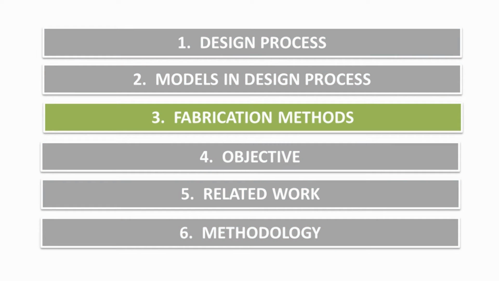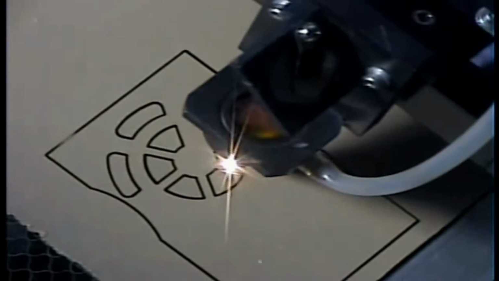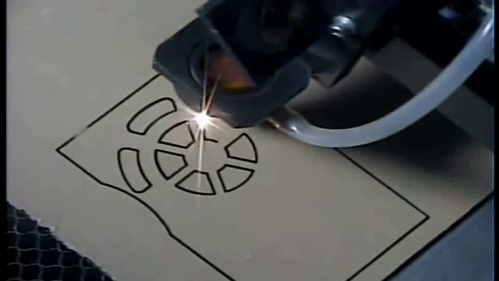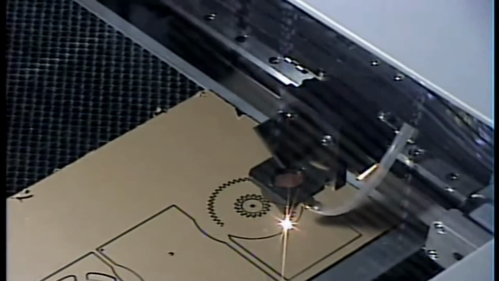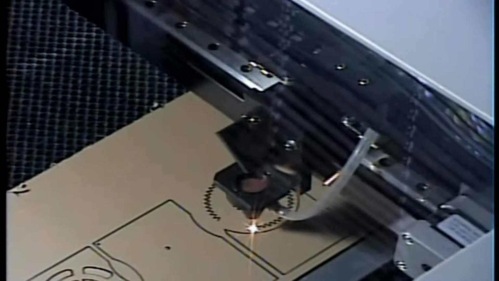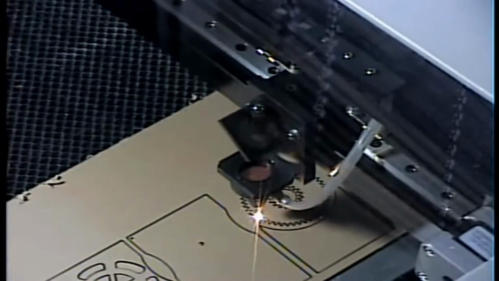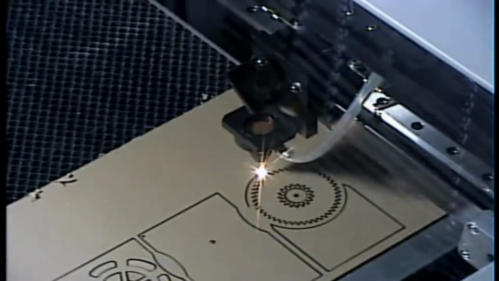So, let's talk about the fabrication method. There are various types of fabrication machines for designers to choose from when they are making models. All fabrication is divided into 2 categories: digital fabrication and handmade fabrication.